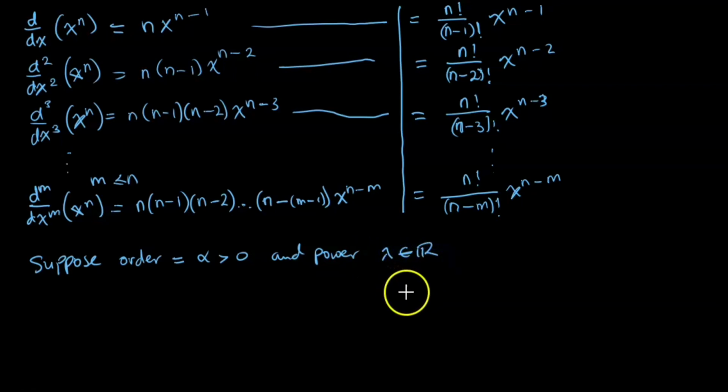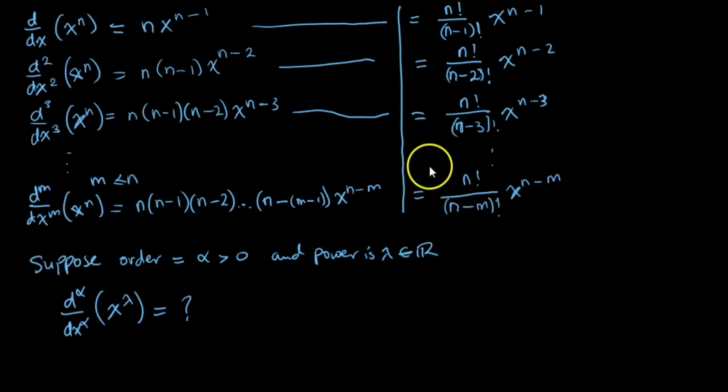Good. That means we're going to be talking about the alpha order derivative with respect to x of x raised to the power of lambda. So what would this be? That is the question now.